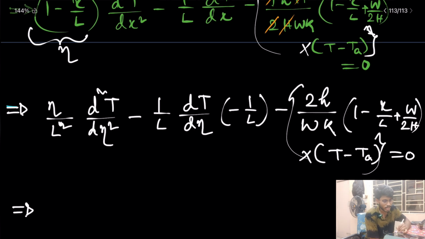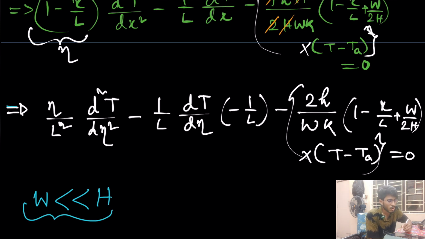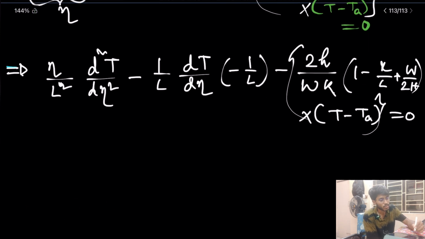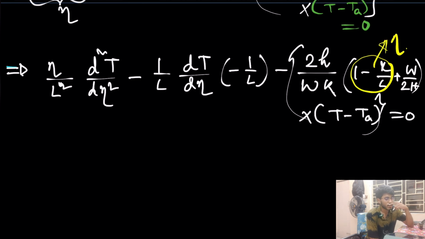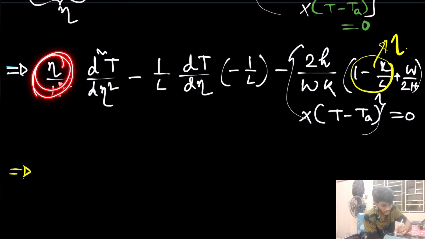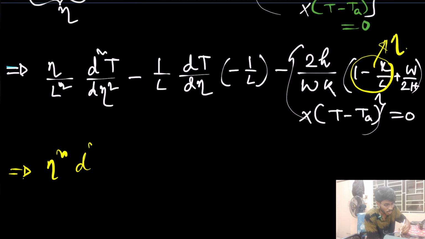So now I take one assumption, that my w, that is the width, is much less than my height. So this is not a very necessary assumption. Okay, so let me not take it right now, but up till now I can write this as my eta. Clear? Okay, so my equation becomes, and one more thing, you need here eta square, right? Not only eta. So let us multiply the whole equation by eta square and also by L square.